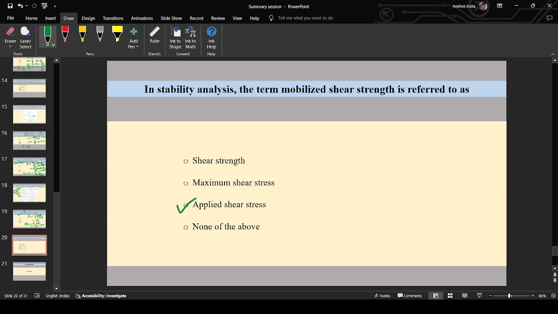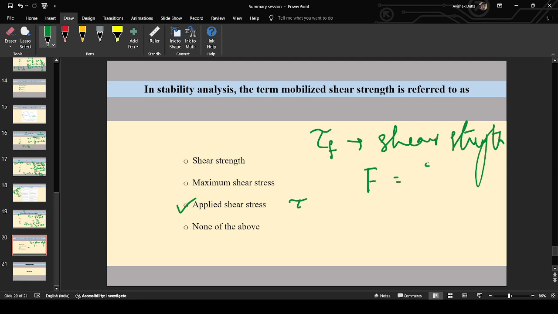Because if we consider a soil having shear strength of tau f, tau f is the shear strength and the applied shear stress is tau, then we know the factor of safety will be how much? Tau f divided by tau.